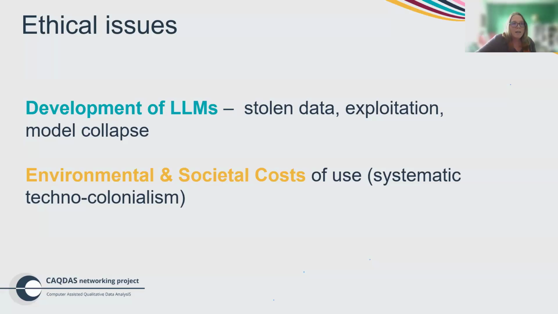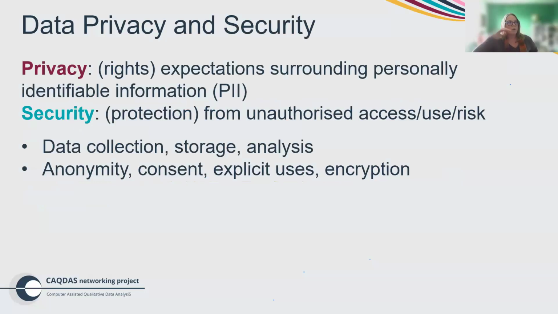All right. In terms of qualitative research more generally, the issue that often comes up has to do with data privacy and security. The question that I can see in the Q&A, I'm going to attend to that on this slide, I think, actually. So I'll come to that in a moment, but thank you for the question.